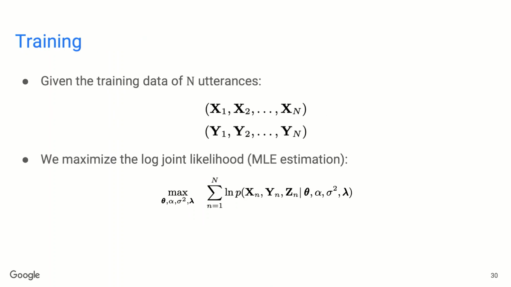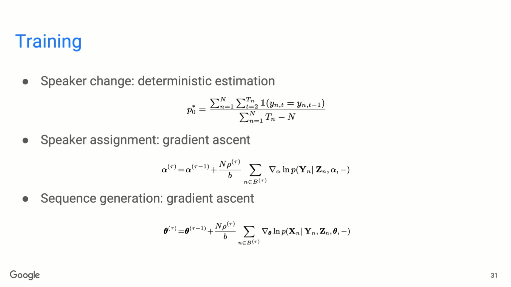Okay, the next important question is, given the training data of n utterances, how do we train a UIS-RNN model? The short answer is we maximize the log joint likelihood. This is known as MLE estimation. We can break it down into different steps.